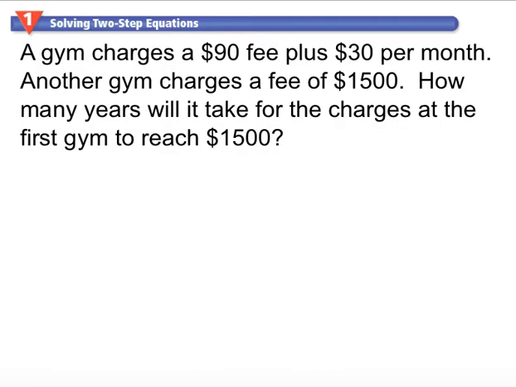Looking at some word problems, a gym charges a $90 fee plus $30 per month. Another gym charges a $1,500 unlimited fee. Okay, how many years will it take for the charges at the first gym to reach $1,500?